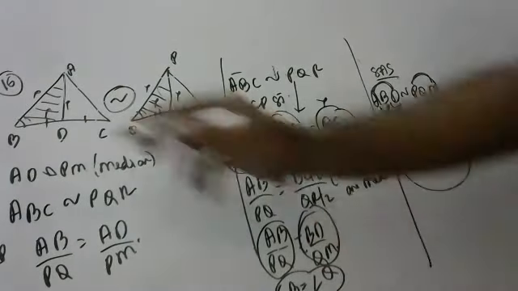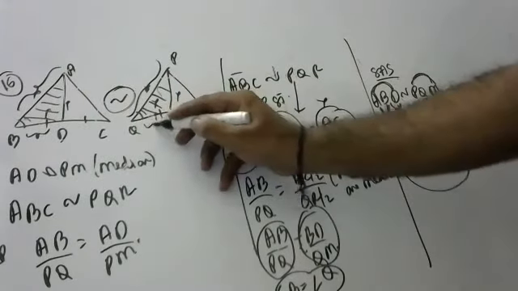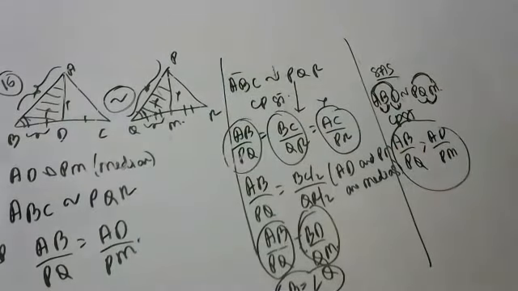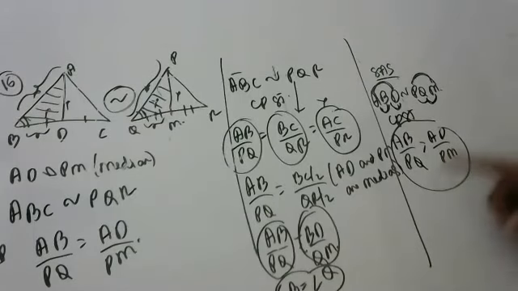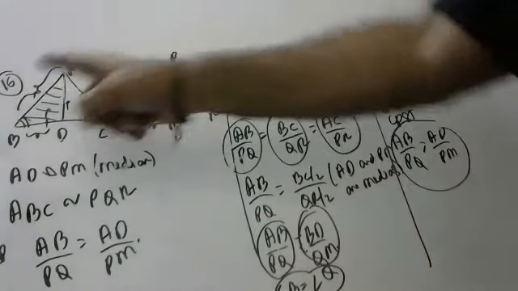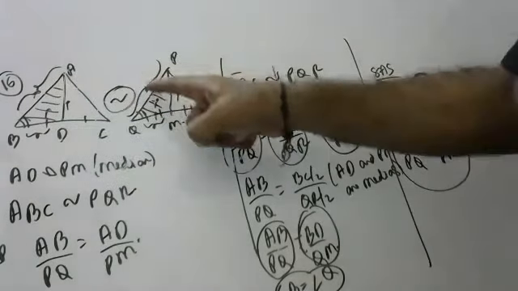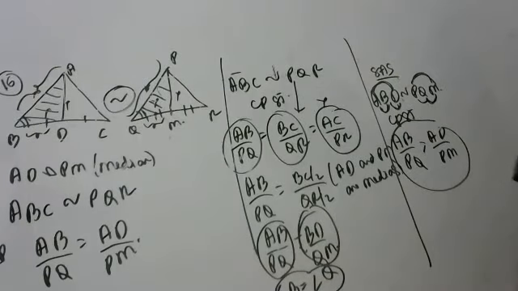Angle B is equal to angle Q because they are similar triangles. When these small triangles are similar, by CPST, I got AB by PQ is equal to BD by QM is equal to AD by PM. Hence proved. Okay, children, thank you so much. Anyone have any doubts? You can ask.